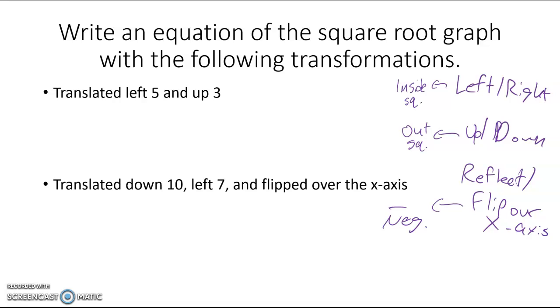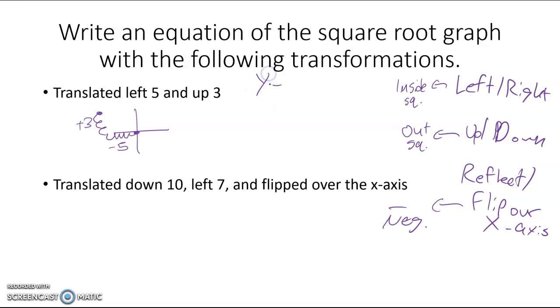So if I think translated left 5, up 3, that means I'm taking my vertex going left 1, 2, 3, 4, 5, which is negative 5, and then going up 1, 2, 3, which is plus 3.